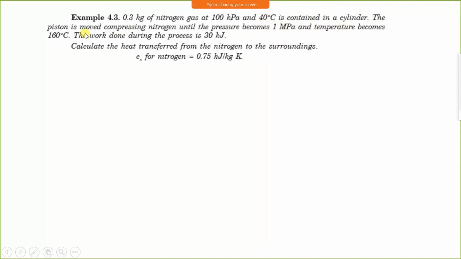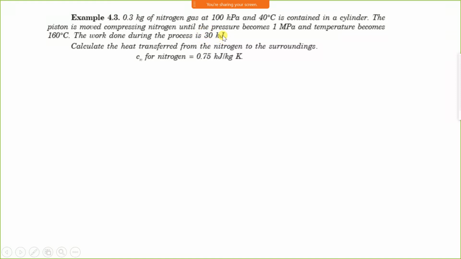The piston is moved, compressing nitrogen until the pressure becomes 1 megapascal. Listen here, 1 megapascal means 1000 kilopascal. Initial pressure is 100 kilopascal and final pressure is 1000 kilopascal. Final temperature is 160, initial temperature was 40. The work done during the process is 30 kilojoule.